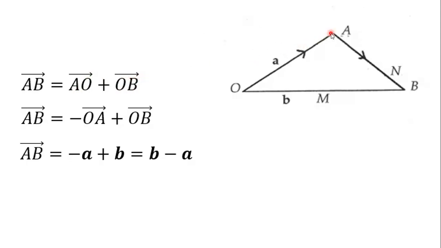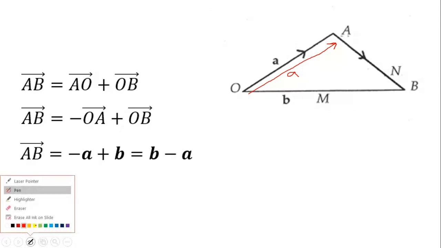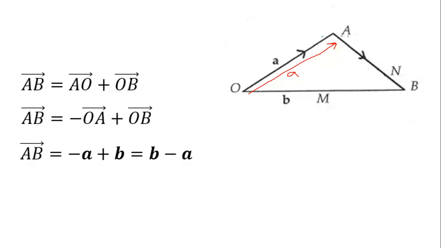Now notice that the vector AO is going in the opposite direction. Let's look at the vector OA. The vector OA is heading in this direction, and that vector is a. But AO is not going in the same direction as OA, it's going in the opposite direction.